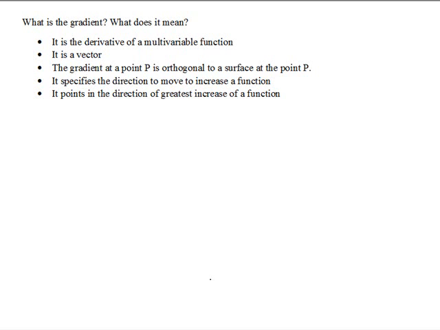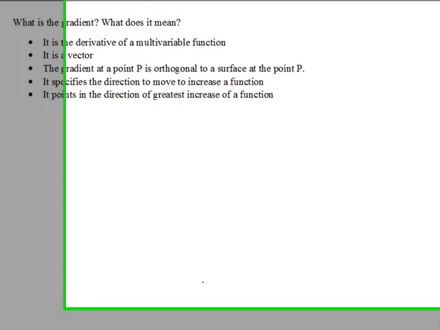The gradient at a point P is orthogonal to a surface at the point P. That's a very, very important point. Let me just illustrate it. So let's say I'm going to draw a surface, but remember, an easier way to draw a surface is to use level curves, right? Because that's a three-dimensional surface as a two-dimensional drawing.